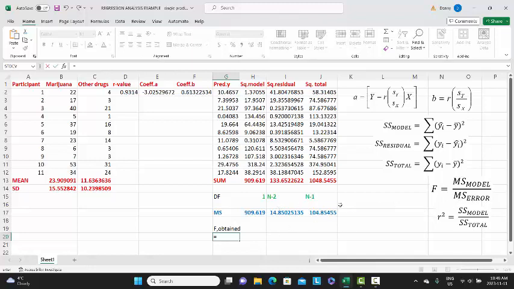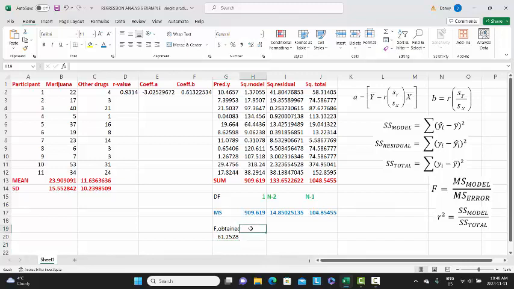So I need to locate the mean square for the model, and that's what we have right here in this cell. And I'm going to divide that by the mean square related to the error term, which is right beside it. Now we have a really large F value, so this indicates to us that this is very likely going to exceed the critical value.